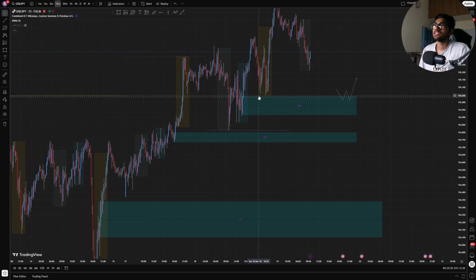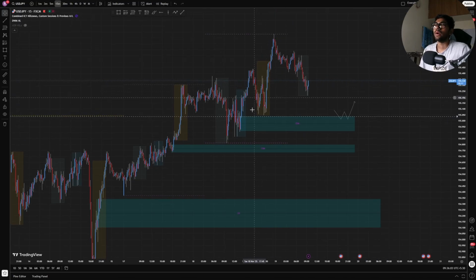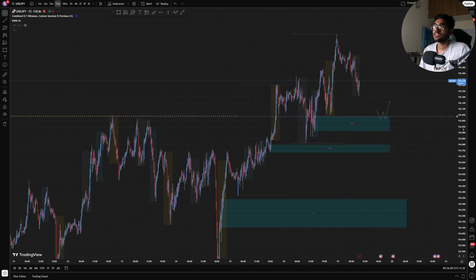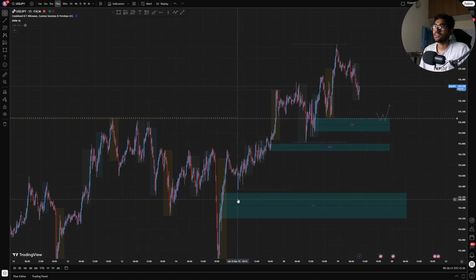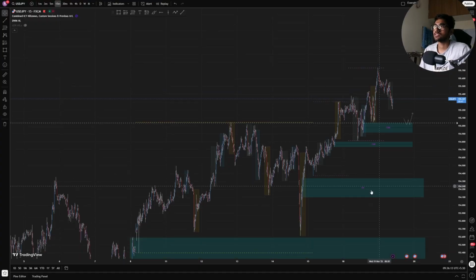And given that there is New York lows resting right above the 15-minute order block, this makes it even more valid. So we'll have to wait for this, and if this fails, and if that fails, I think the 1 hour order block is there to support.